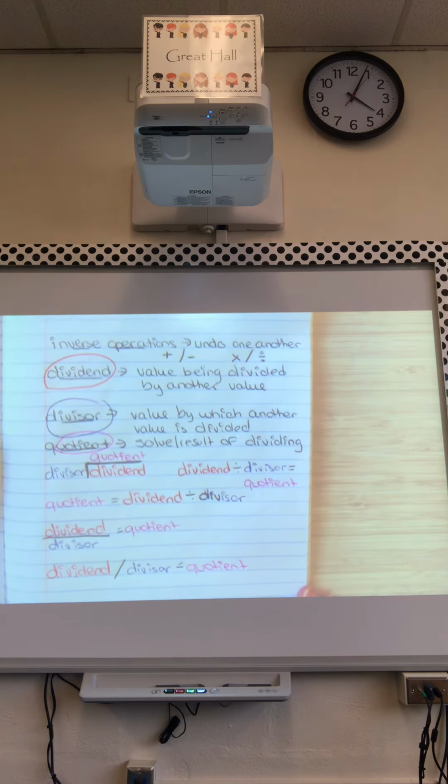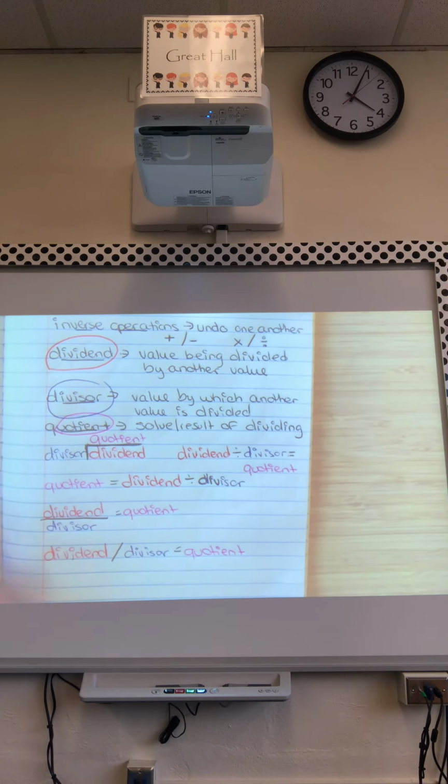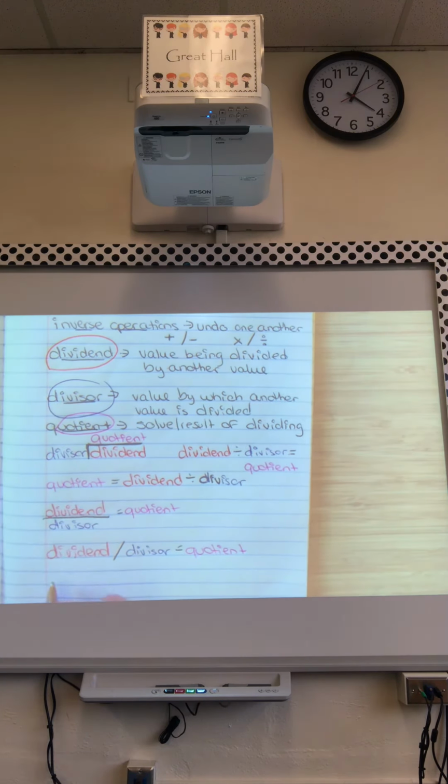And you may say, these two kind of look like fractions. And if you said that, congratulations, because you are right. Because fractions are division problems.